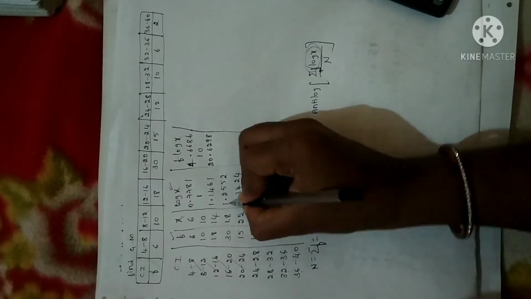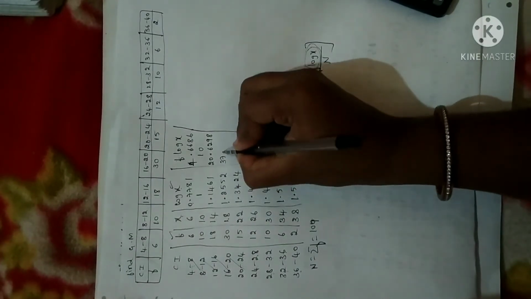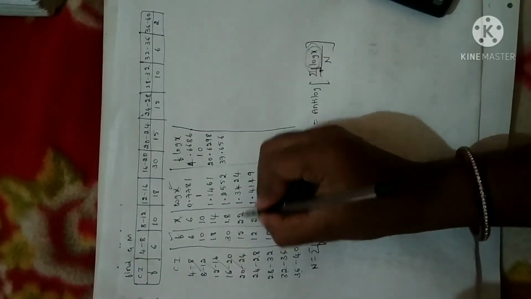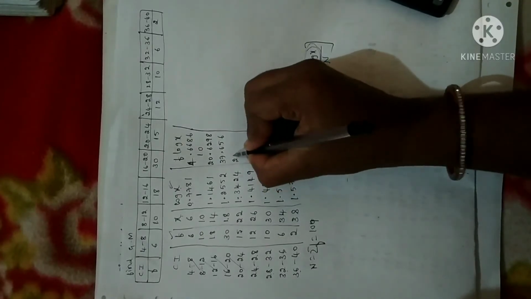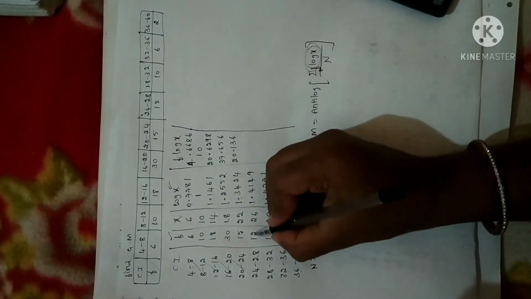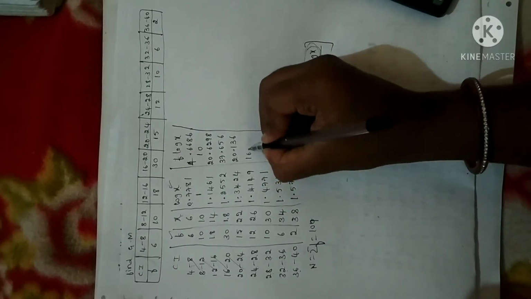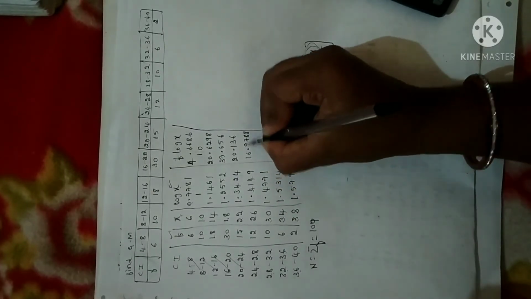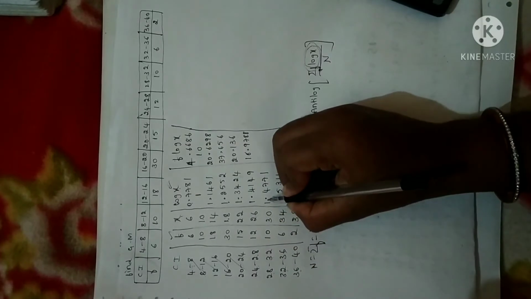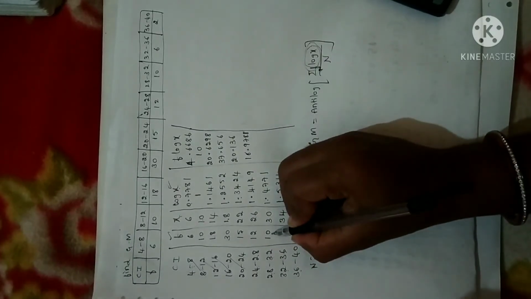Similarly 30 into this value, 37.656. 15 into this value, 20.136. Next 12 into 1.4149 is 16.9788.